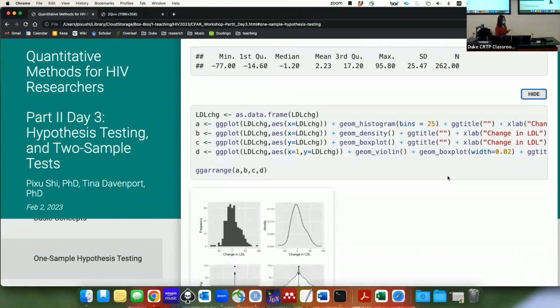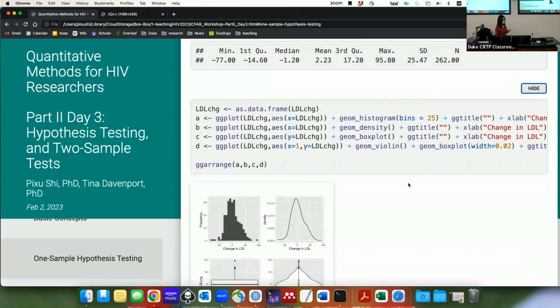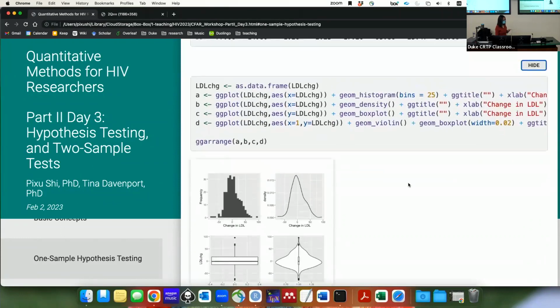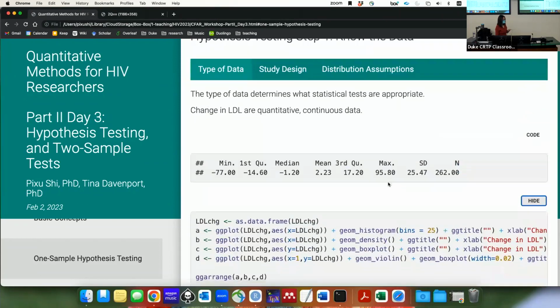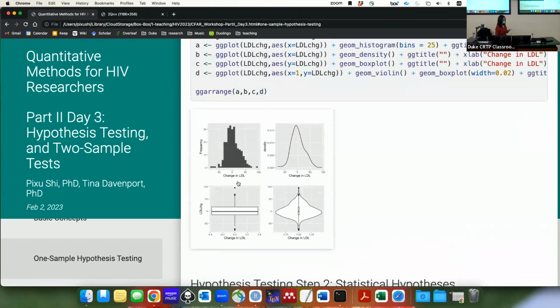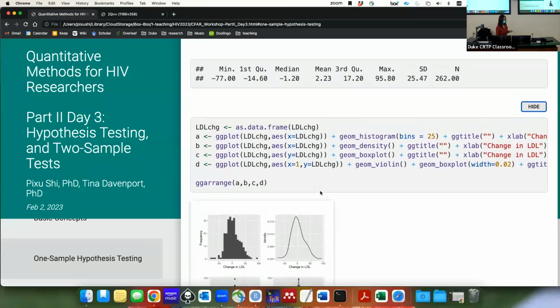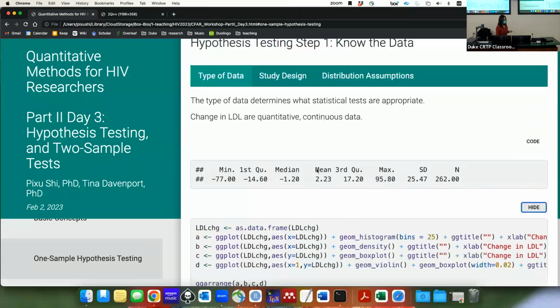So I have all of the codes here to help you replicate the plot here. And in this situation, it looks relatively bell-shaped. You may argue that it's not, but since this also has a very large sample size, we'll just go with the normal distribution.